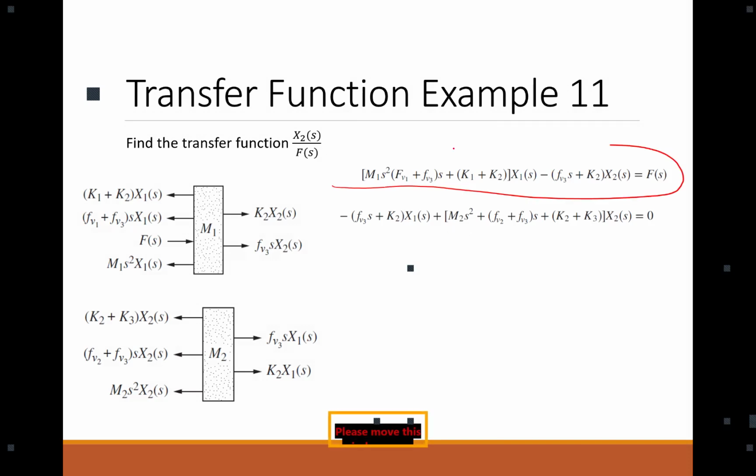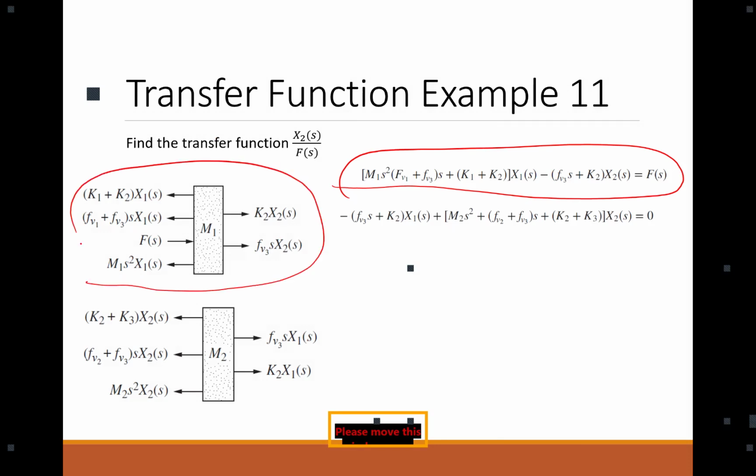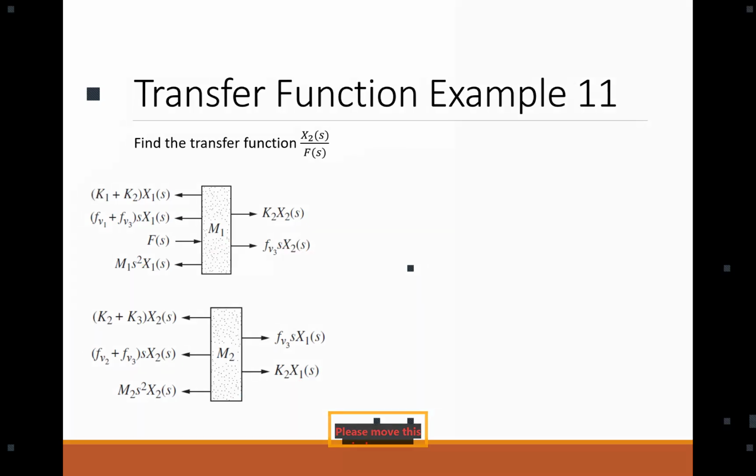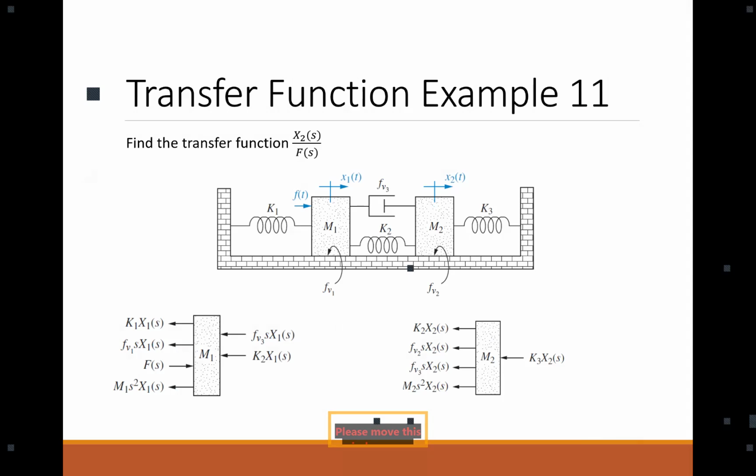This one is going to be the conservation of the force for M1. And this equation describes the conservation of the force for M2. How we find that is simple. What are the forces on M? We have one F pushing. We have one K1 force.